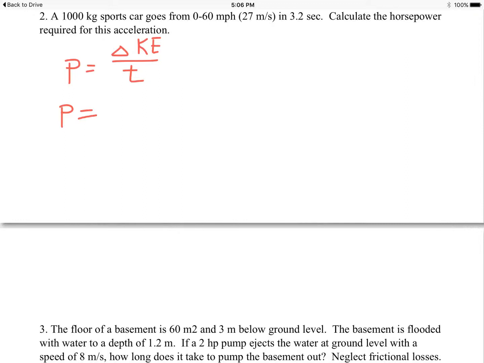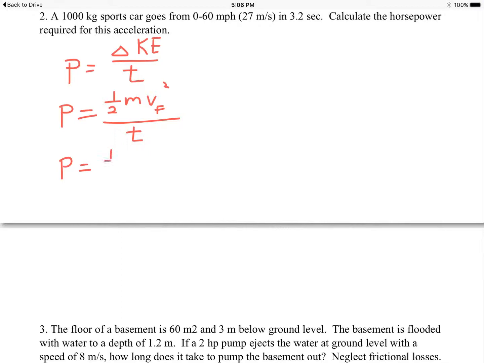Now if you start with 0 kinetic energy, your final kinetic energy is your change. So if I just do 1/2 mv final squared, that is my change in kinetic energy over the time period involved here.